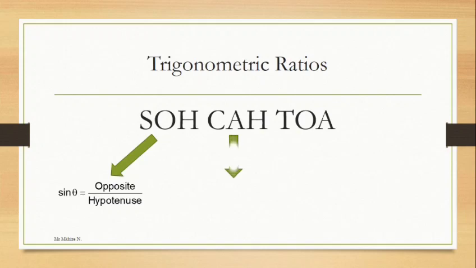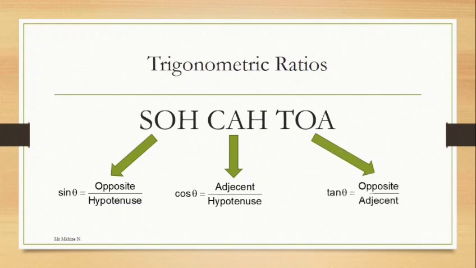If you talk about cos, then cos will be the adjacent side over the hypotenuse side. And then tan will be the opposite side over the adjacent side.